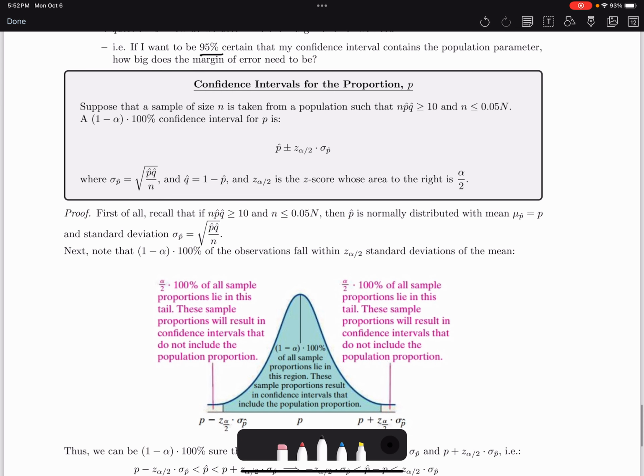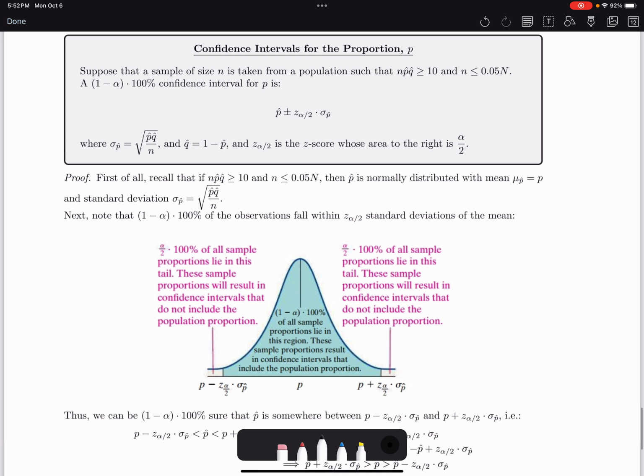So just looking at the case of the proportion, the way that technology is going to compute our confidence interval is going to get our sample proportion, right? Our point estimate, and then it's going to add or subtract our margin of error. Now, looking at our margin of error, this value right here, the z sub alpha over 2, that represents the z-score whose area to the right is alpha over 2. In other words, it's the marker where alpha over 2% of the data falls above that marker, okay?